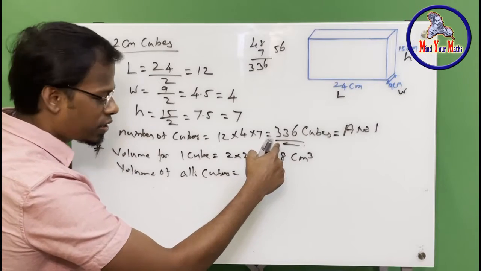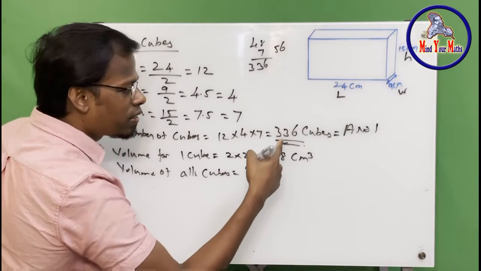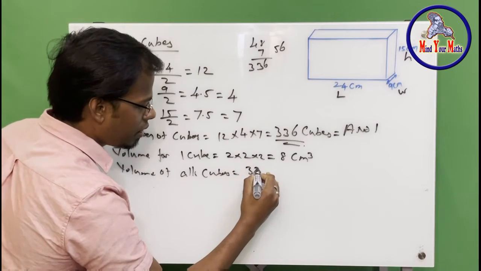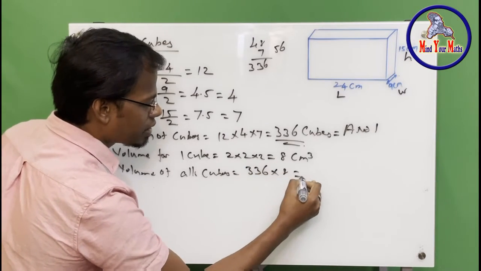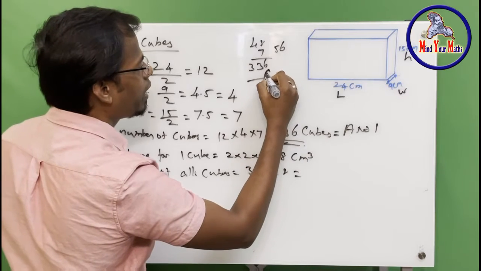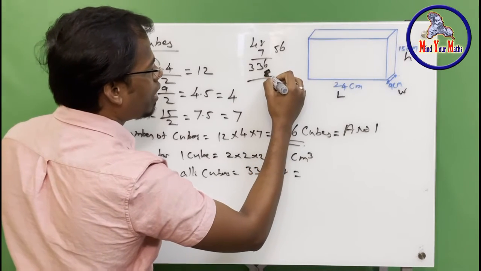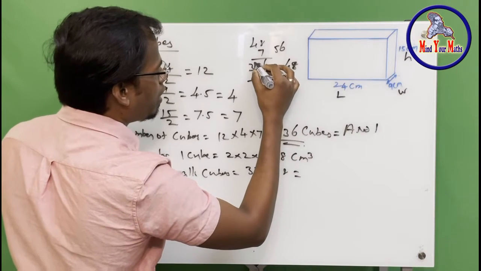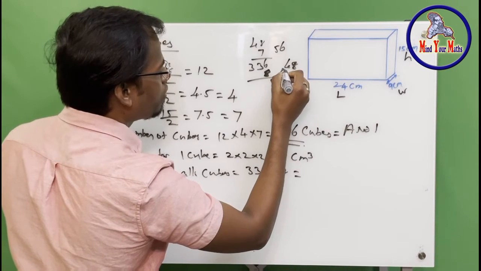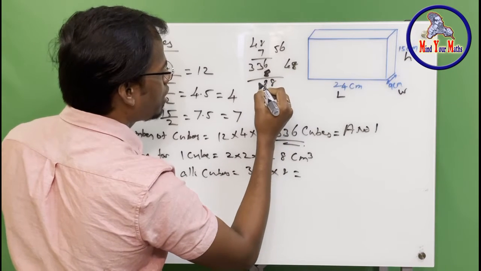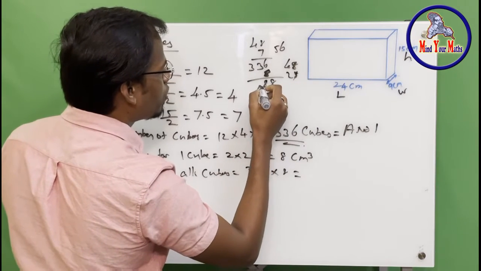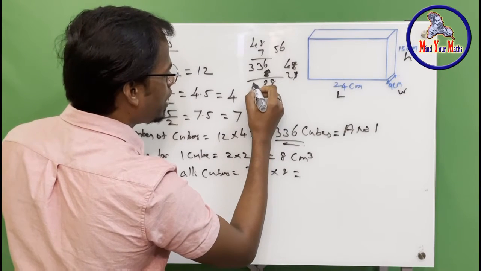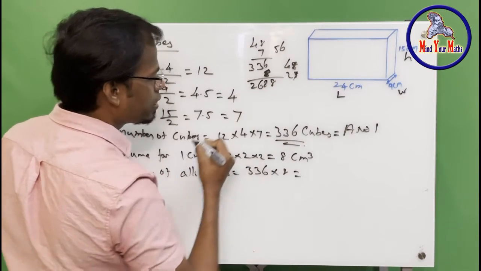Now the volume of all the 336 cubes. For that, we need to do 336 times 8. How much will that be? 8 times 6 is 48, we put 8. 3 times 8 is 24, plus 4 is 28, and then we put the 8. 3 times 8 is 24, plus 2 is 26.